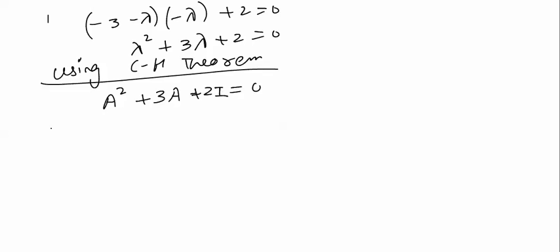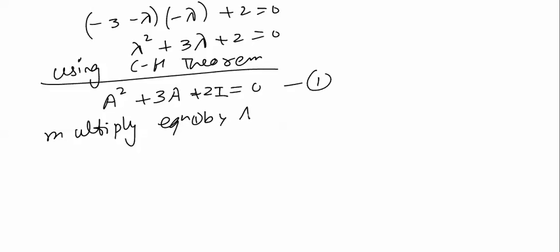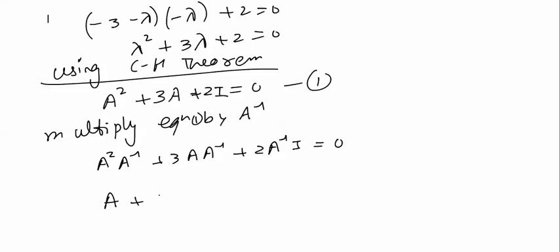But if I multiply equation 1 by A inverse, what will it form? Try to understand. A square into A inverse plus 3A into A inverse plus 2 into A inverse is equal to 0. If you simplify, this becomes A plus 3I, since A into A inverse is I, plus 2A inverse equals 0.